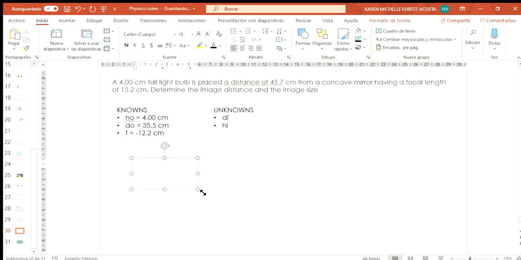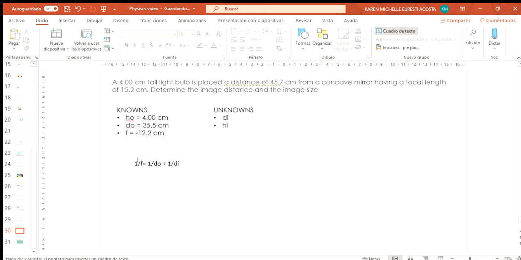So the formula is 1 over f equals 1 over d0 plus 1 over di.